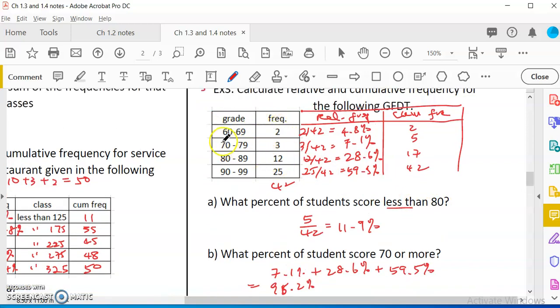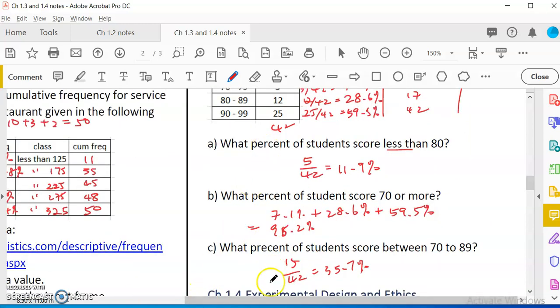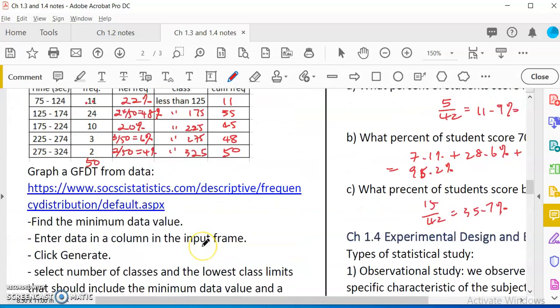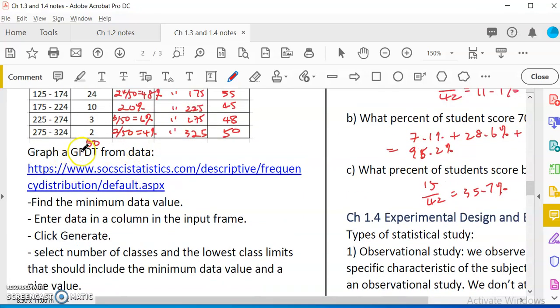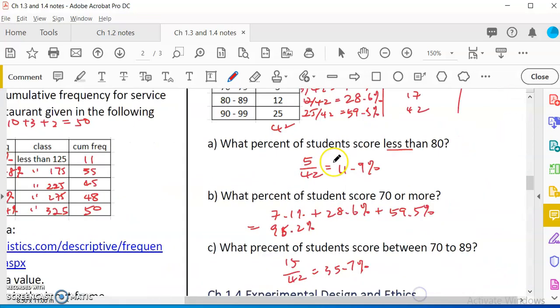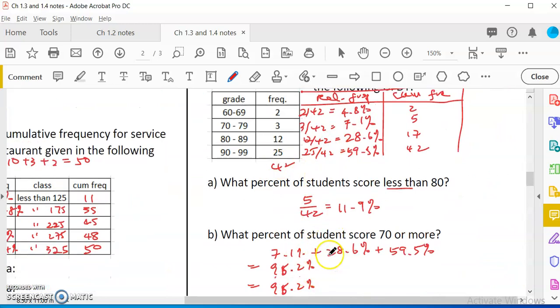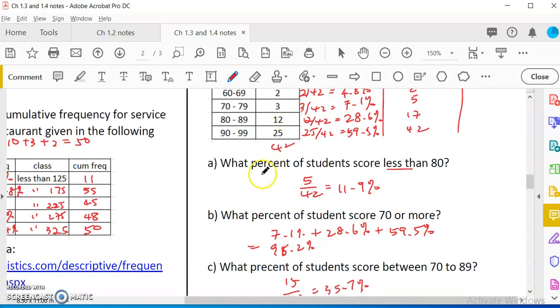We only know the classes, but we can add the classes together to get a percentage. That's the main thing. I'm not going to test you on how to use data and then build a frequency distribution. Instead, you need to know how to do this kind of question, interpreting a frequency distribution.